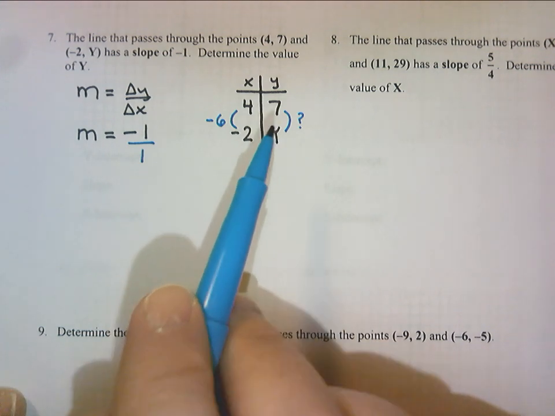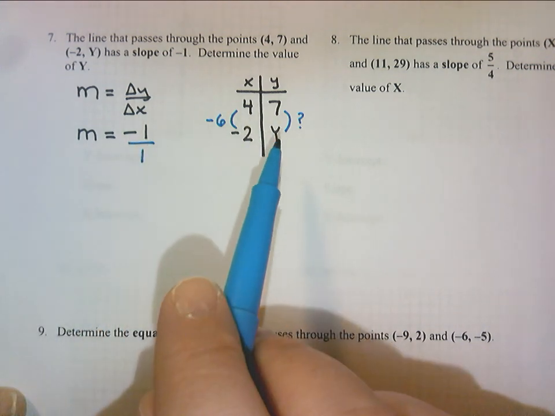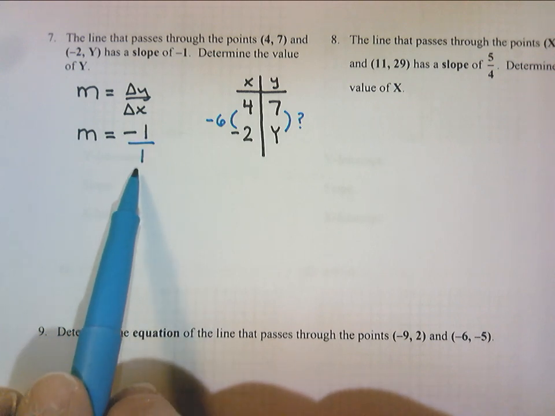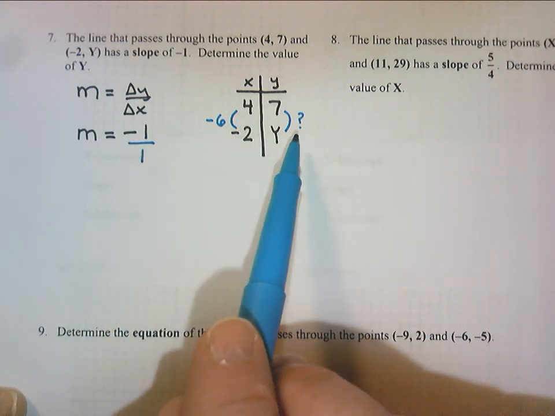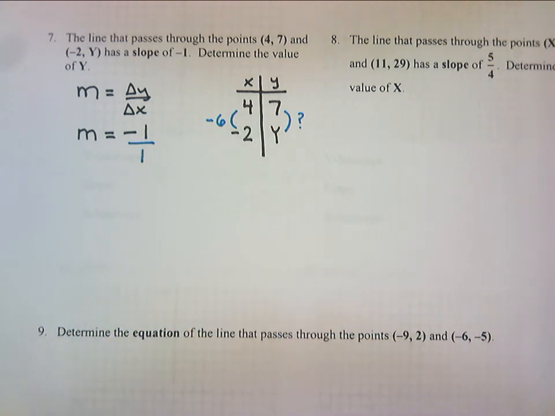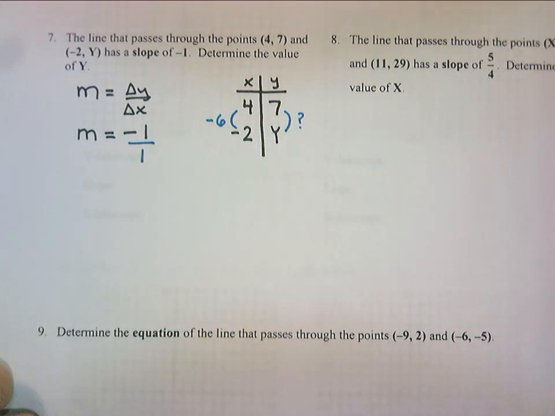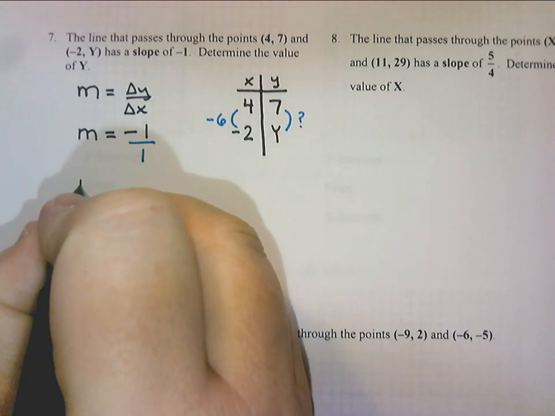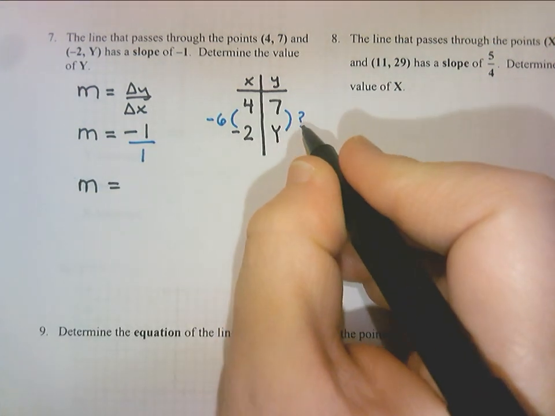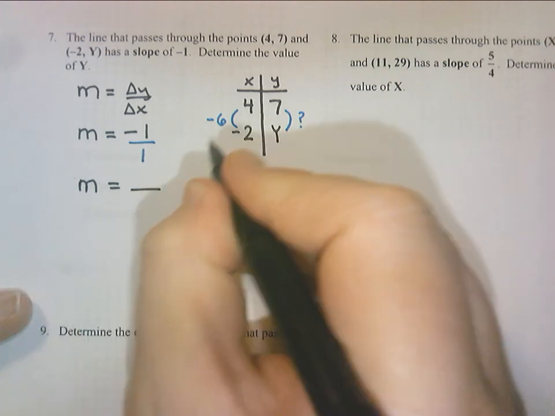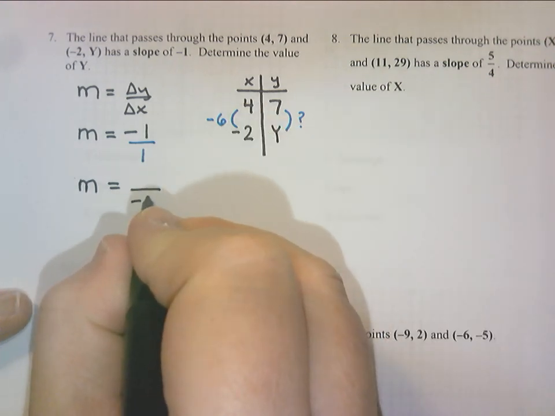So I'm going to try to combine these two things. They have told me what the slope is. It's negative 1 or negative 1 over 1. And I also have the numbers I would normally use to calculate slope with. So my slope here would be delta y, which I don't know, over delta x, which is negative 6.